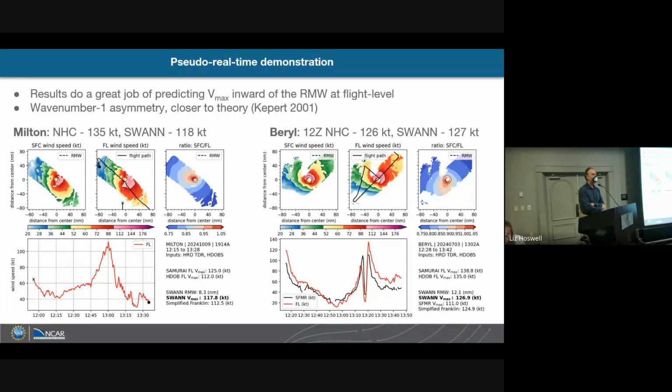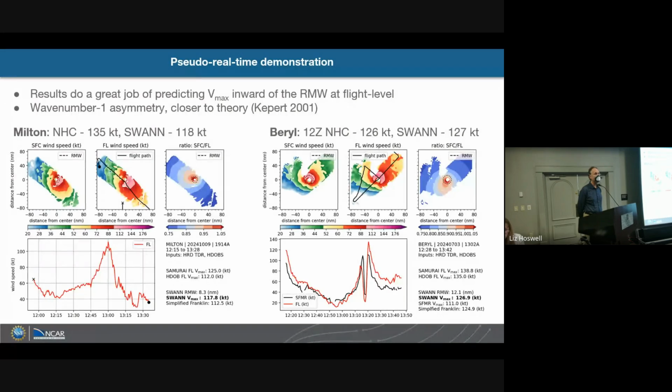You also have the flight tracks that contributed for this 1 hour and 15 minute analysis period. And then finally, there's some tabular information down there that helps the forecasters see at a glance what the data is showing, what SWAN is showing, what the simplified Franklin would show, and what SFMR shows if it was there. It wasn't there in that case because they'd already stopped transmitting, but for Beryl, we did have that.